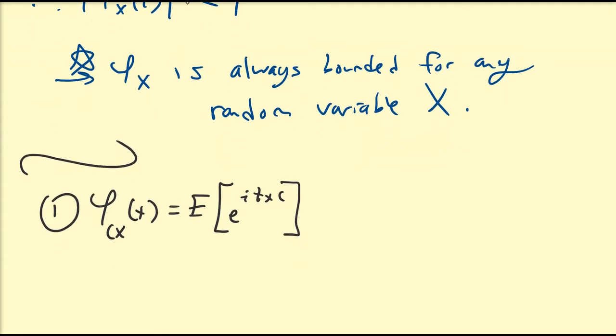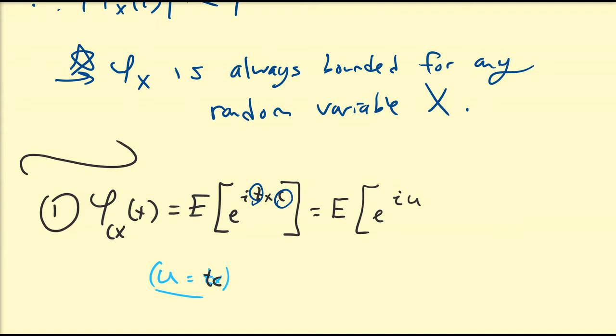So what I'm going to do, I'm going to let u be equal to tc. So that variable there. So this is going to be equal to the expectation of e to the i u x, where I define tc to be my constant.